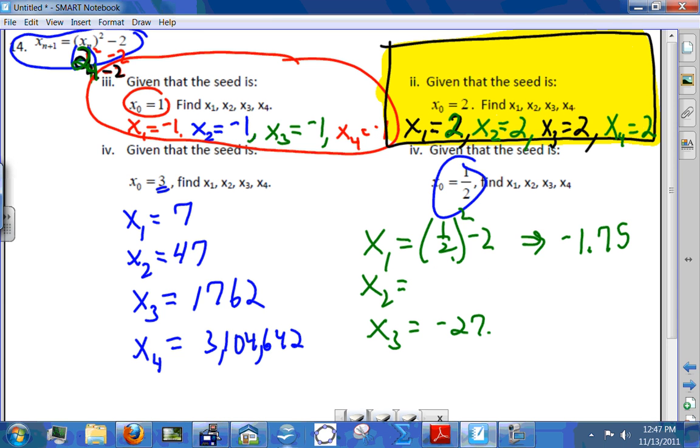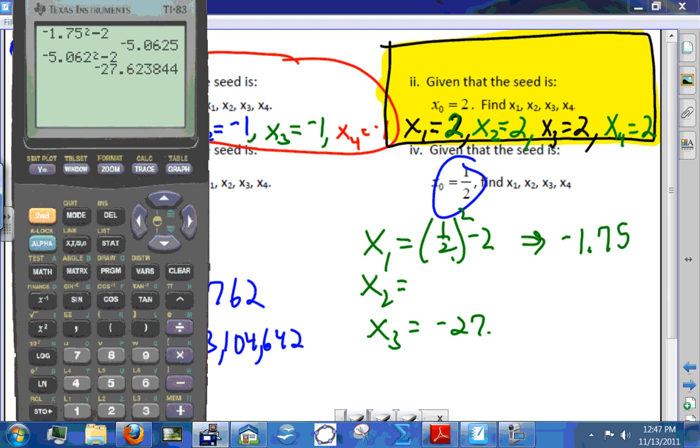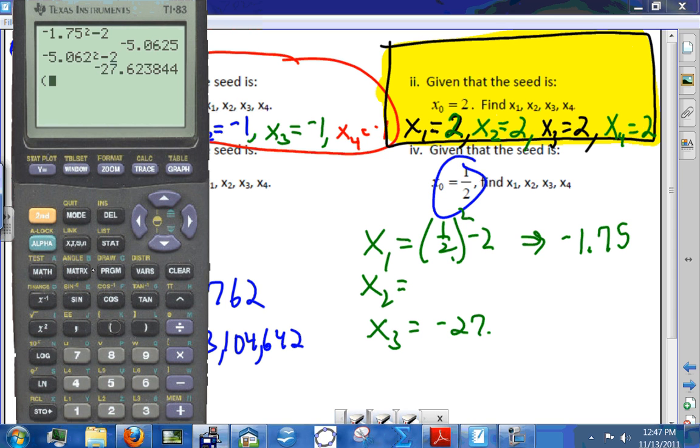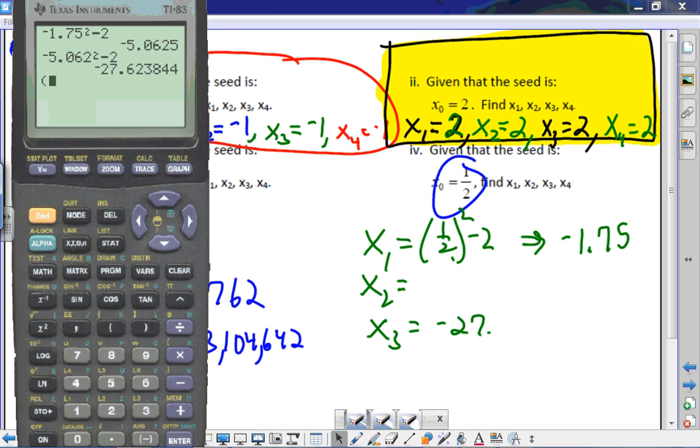And what was this common mistake made on the calculator? The calculator interpreted that as 1.75 squared, and then it took the opposite of it, just following the order of operations, squaring before multiplying by the negative 1. So we want to make sure we explicitly tell the calculator that it's the negative 1.75 that we're squaring, and then decreasing by 2.